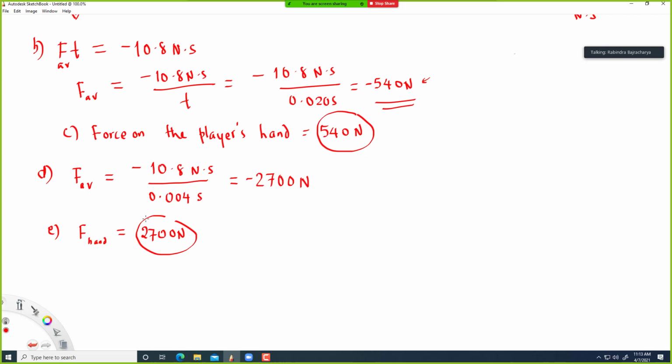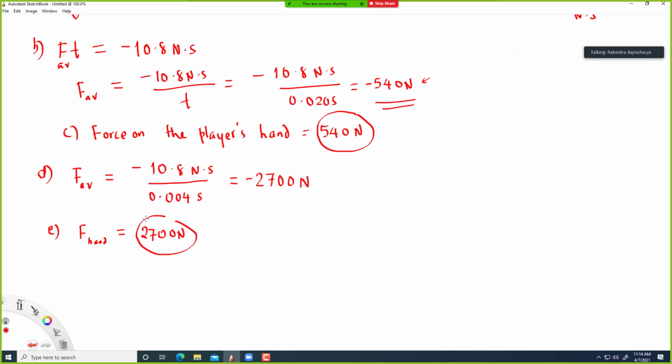Yeah, so you get less force, right? So let's say I drop this and I want to catch this, do I prefer like that or like that? I prefer the latter one, because there would be less impact force. There would be less force exerted by this object on my hand.